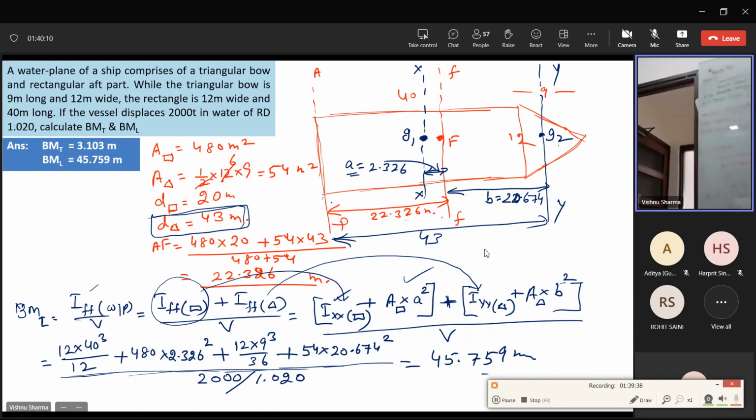For BML, you have a different challenge. You have to calculate LCF. For BMT, you had a different challenge.